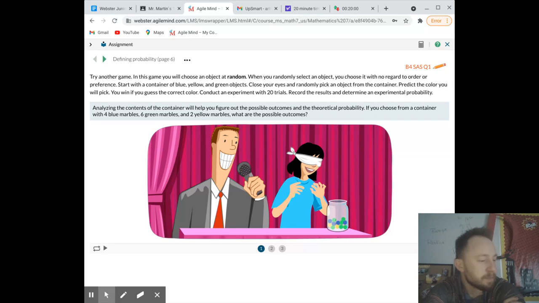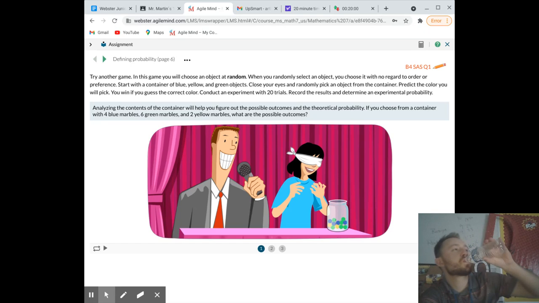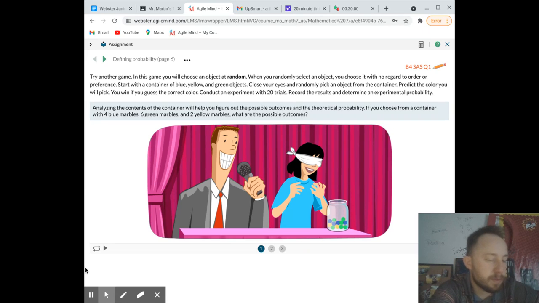And so, yesterday we found out that when we did more trials, it brought us closer to the what? It was like the key point in yesterday's lesson, in block 3.